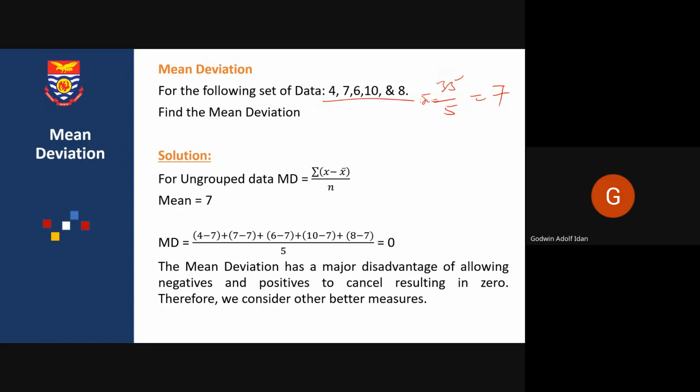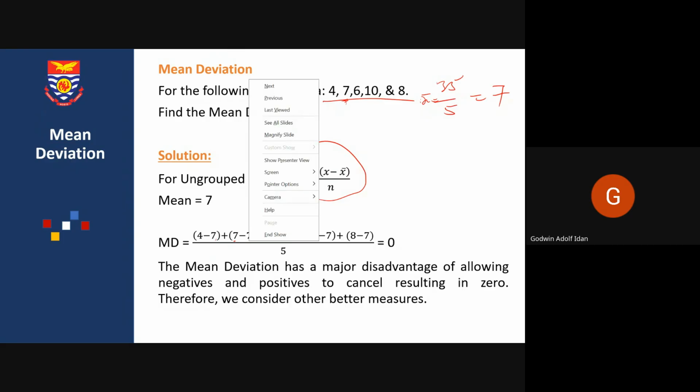So once we get the mean, then we apply the mean deviation formula. It says that we should take each observation from the mean. So the first observation is 4 minus 7. Then the summation sign is what we are seeing as the plus here. So plus, then we go to the next observation, which is 7 minus the mean of 7.